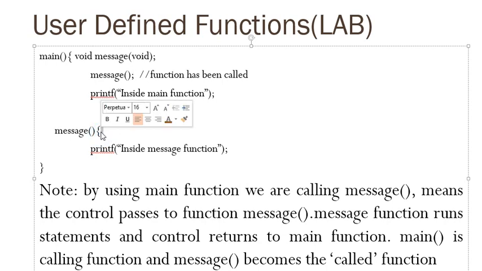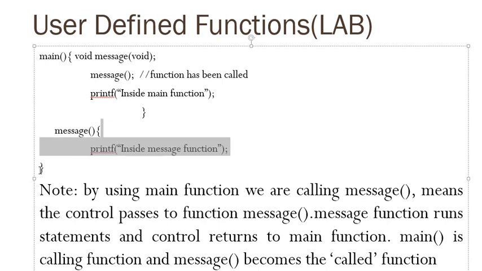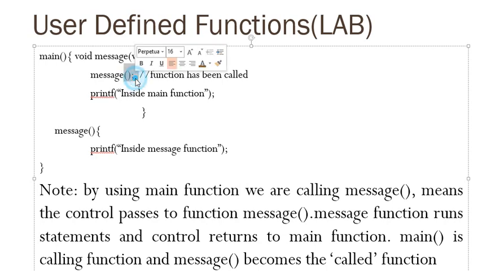Then the compiler will execute the body of the message function. Inside the body there is only a single statement, so it will print only inside the message function. Then control will be passed back to the main method.